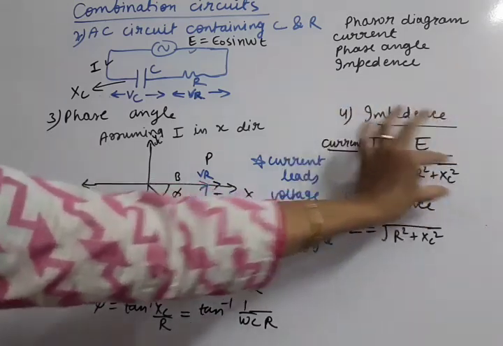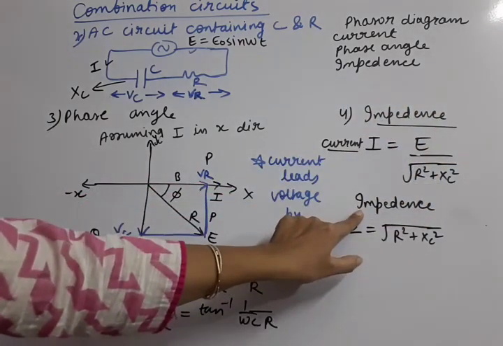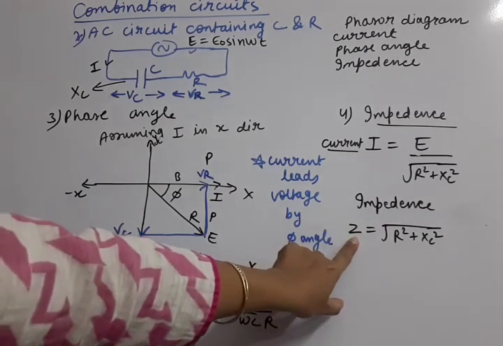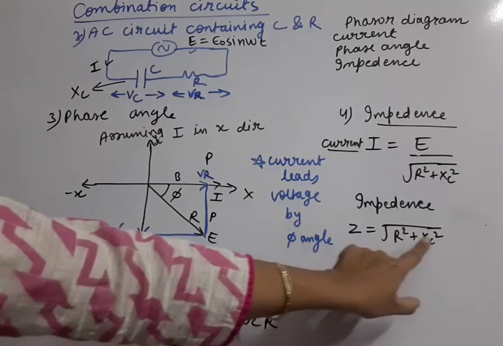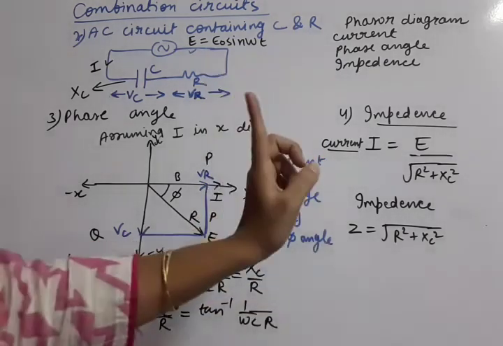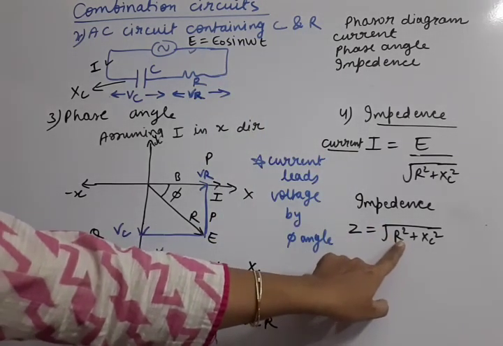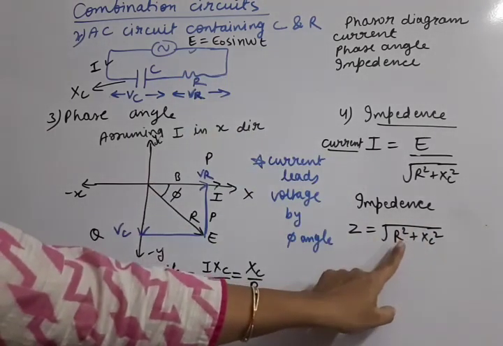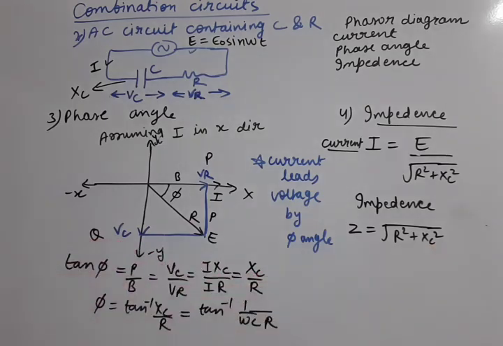So this combined resistance we now call impedance, denoted by Z. Impedance Z is root of R square plus XC square. Remember these impedances: for the LR circuit it was root of R square plus XL square, but for the CR circuit it is root of R square plus XC square. Note it down, and I am writing the phase difference part.